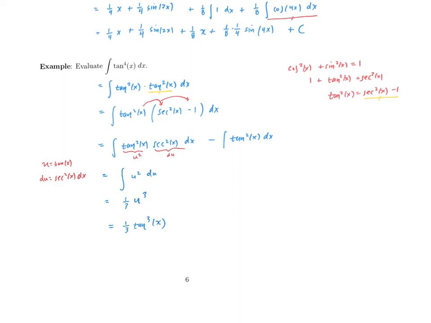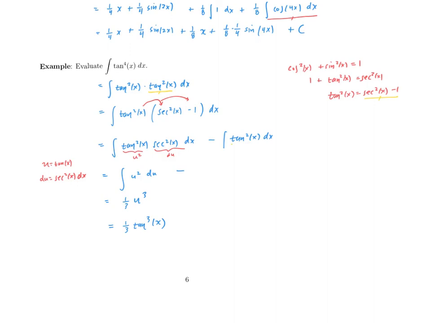Now for the remaining integral, tangent squared. I do not know, say, an antiderivative for tangent squared off the top of my head, but what I do know is an antiderivative of secant squared off the top of my head. So very similar to this previous problem that we've worked through, we use this technique of rewriting the tangent squared. Now we're going to do the same exact thing again.